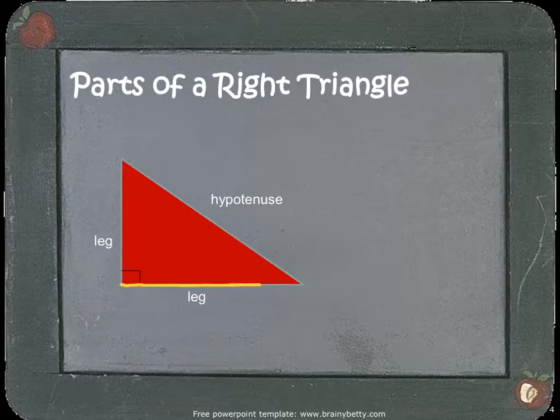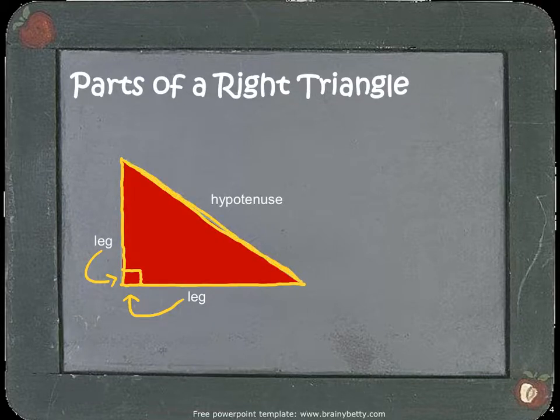The legs of a right triangle are the 2 parts that touch the 90-degree angle. Notice the legs always touch the 90-degree angle every single time. Whereas the third side, the longest side of this triangle, is called the hypotenuse.